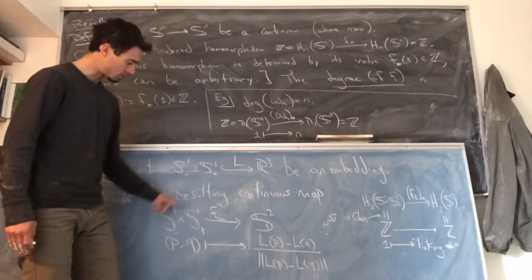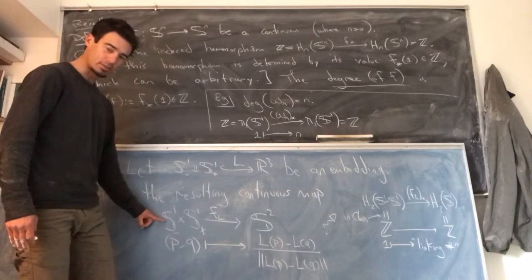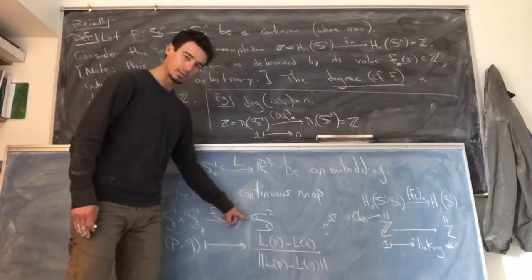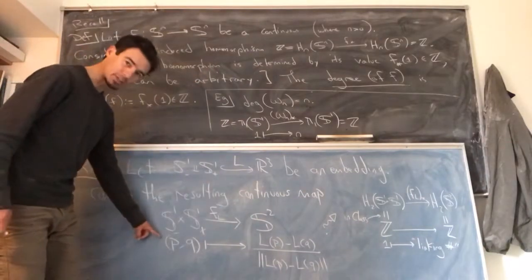So this link determines a map from the product of two circles to the two-sphere, given by this expression.